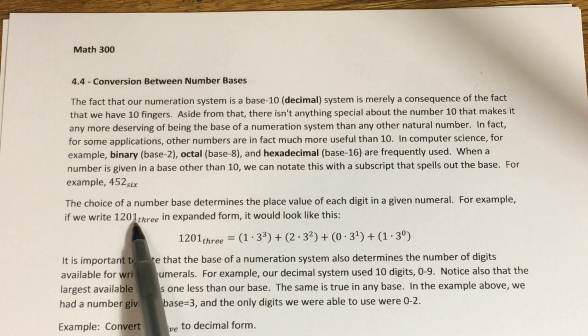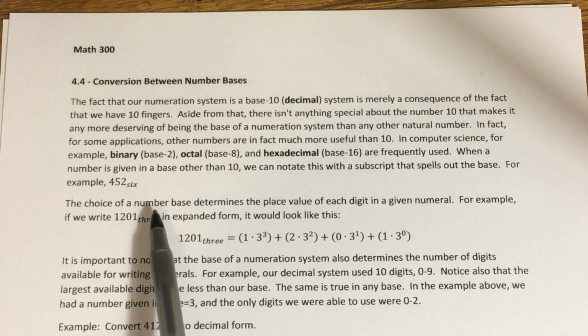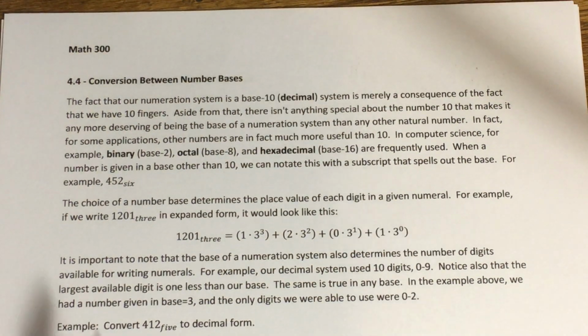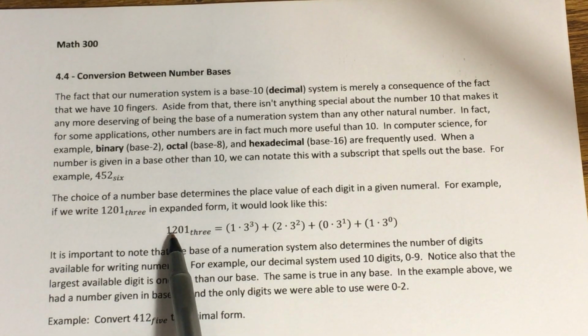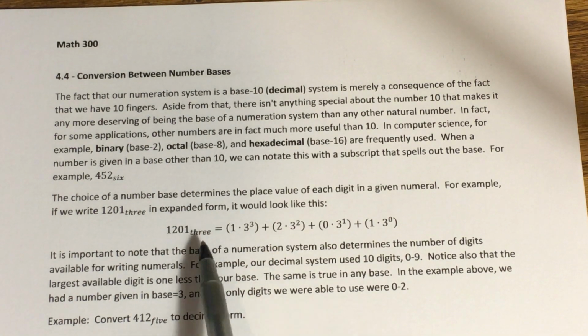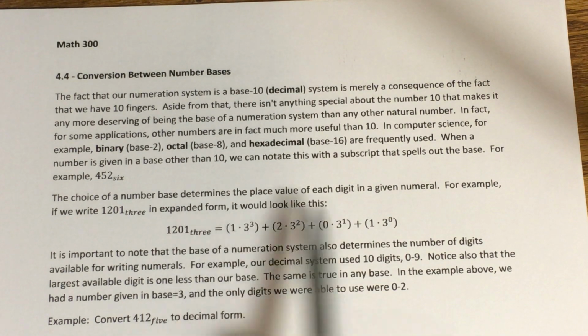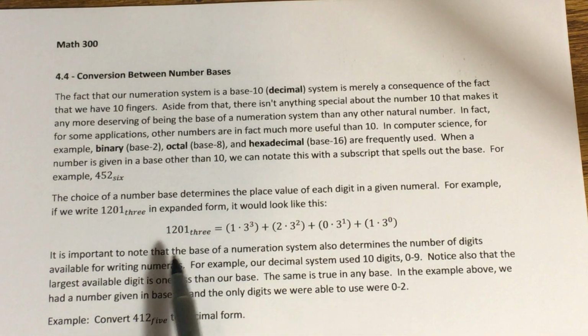So in this case, these are going to represent powers of 3. The digit itself has a face value which we multiply by that power of 3. So if I wanted to write out this number in expanded form, it would look like 1 times 3 to the power of 3, 2 times 3 to the power of 2, 0 times 3 to the power of 1, and then 1 times 3 to the power of 0, and then I add each of those.